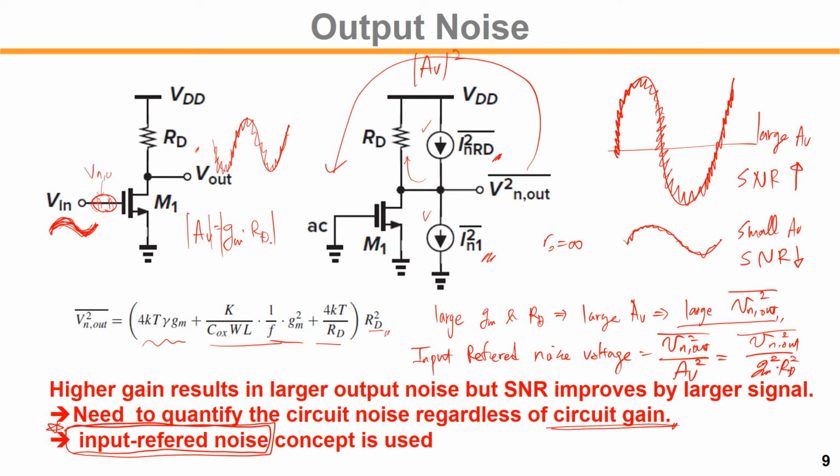If the noise is smaller, your circuit has high SNR, meaning low noise, right? So when you compare different circuits with different gains, it is more meaningful to compare the input referred noise voltage or noise current. That's why we are introducing the input referred noise concept here.